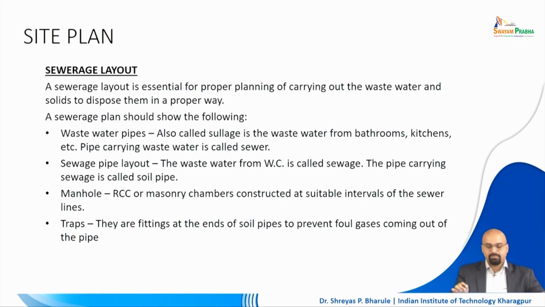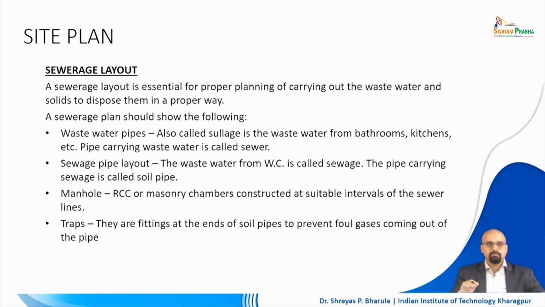In case of a sewage layout, what is very important is that proper planning of the wastewater is to be done, particularly solid waste and liquid waste, which is to be taken out properly. It should not mingle or mix with the water lines or the water inlet line wherever we are taking it around the site, right.